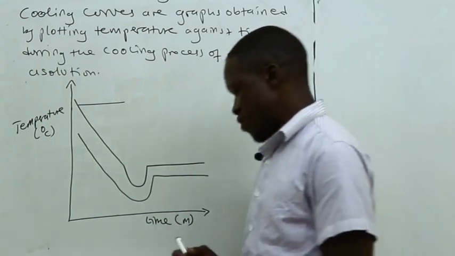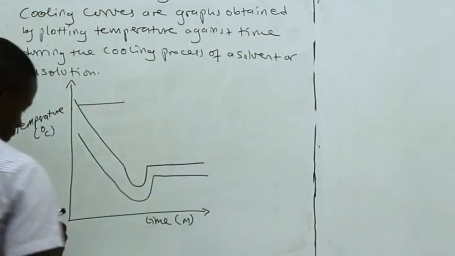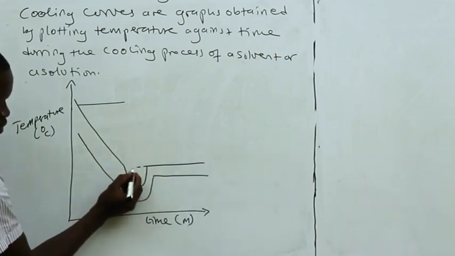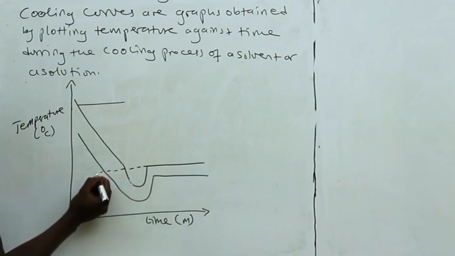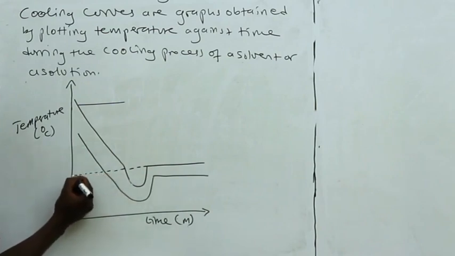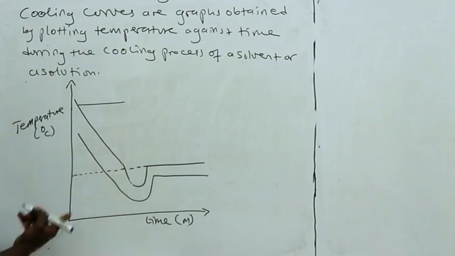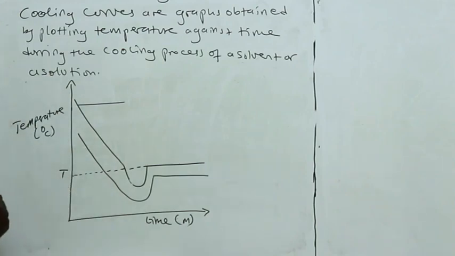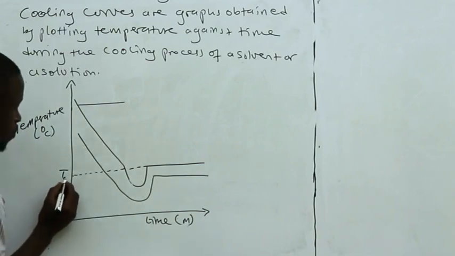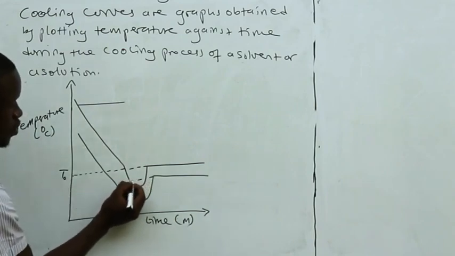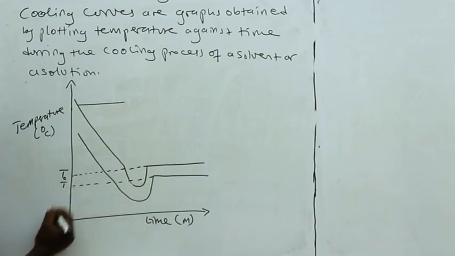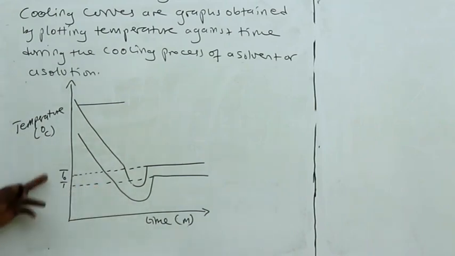And on this graph, you can see that we have a section that is constant for both of these curves. So this section here, we can try to trace the temperature on this axis here. So this one could be the temperature for the solvent, and this one is the temperature for the solution. Why am I choosing the temperature up?